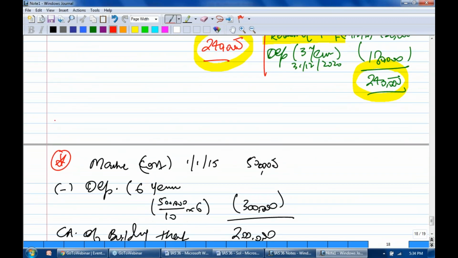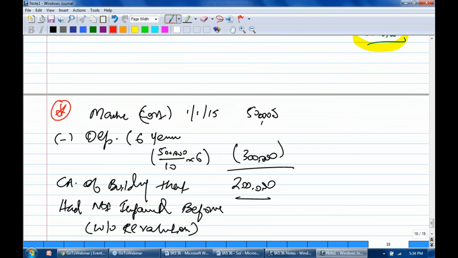What is the clear difference with this 200,000 cost based working?